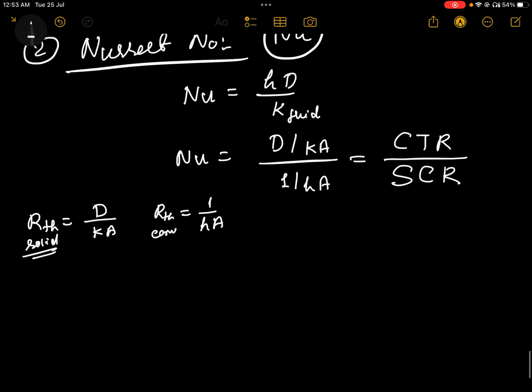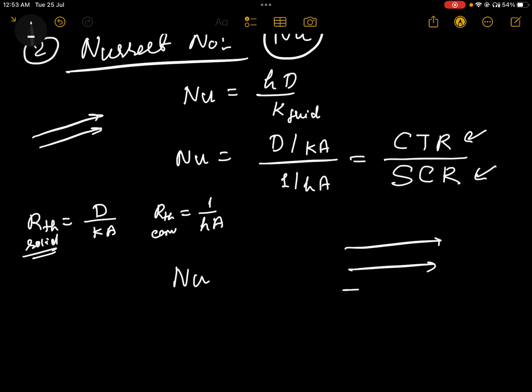So now if we want to approximate the Nusselt number, what would be the Nusselt number around? Because the Nusselt number is defined for the flowing fluid, and it is the ratio of the conduction thermal resistance to the convection thermal resistance. So just think that there is a fluid flowing. What is the conduction thermal resistance and what is the convection thermal resistance?